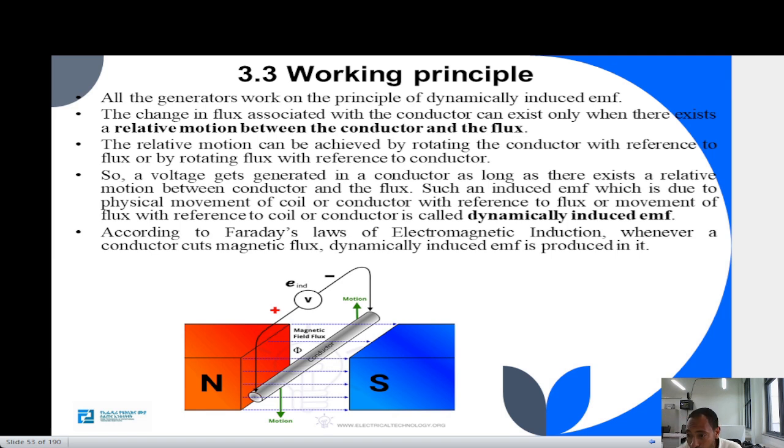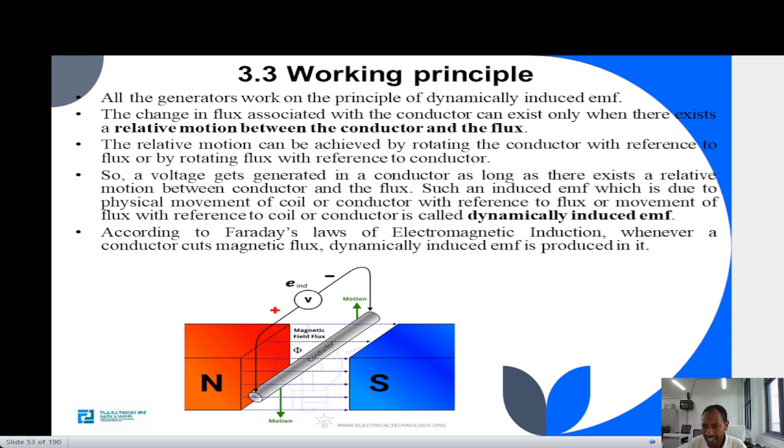Such an induced EMF, which is due to the physical movement of the coil with reference to flux, or movement of flux with reference to the coil, we call dynamically induced EMF. Why did we name it dynamically induced?